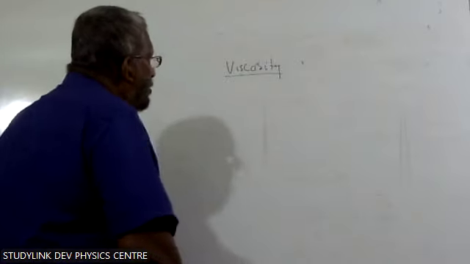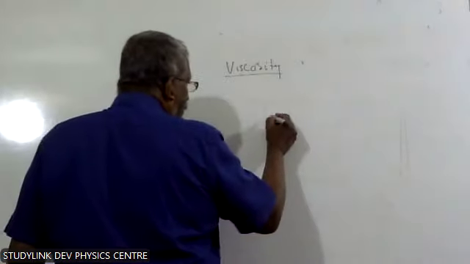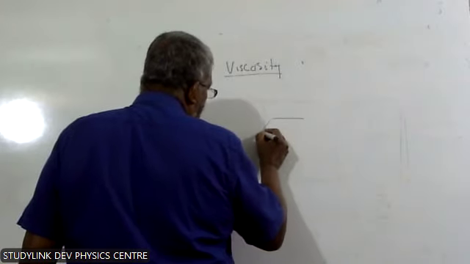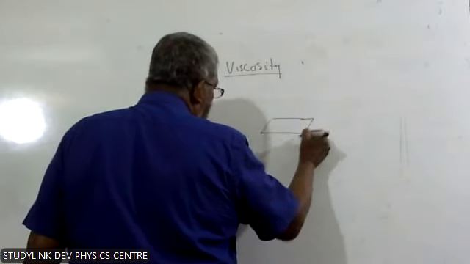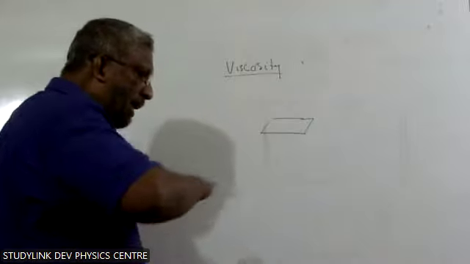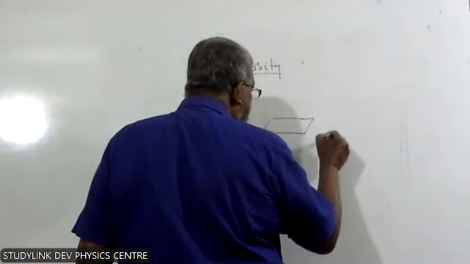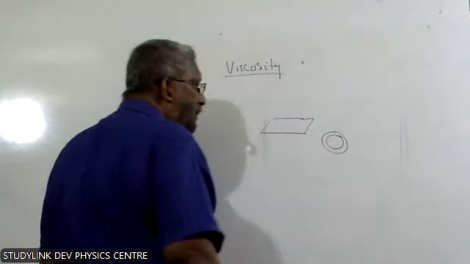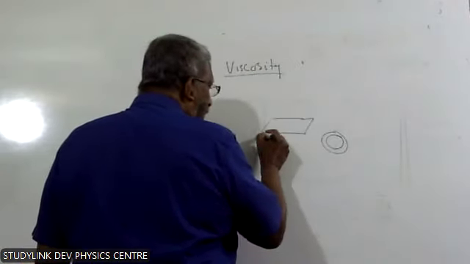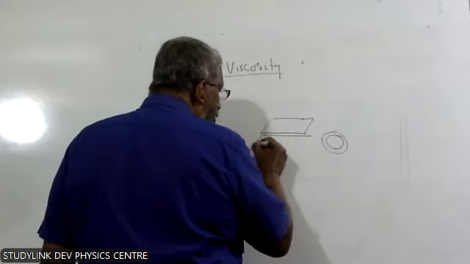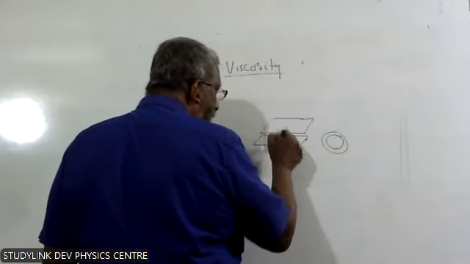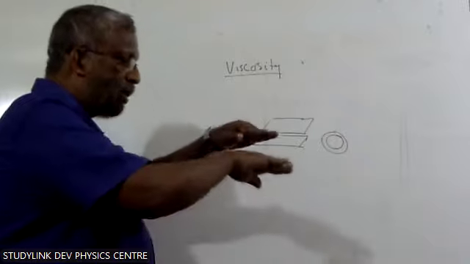Then, normally a liquid flows either with a certain shape of lamina, rectangular maybe, or sometimes cylindrical ones in a pipe. Then there are several layers, but I consider two layers close to each other.